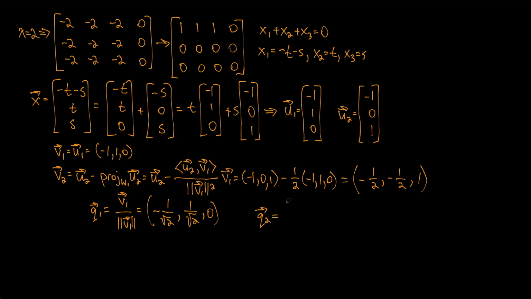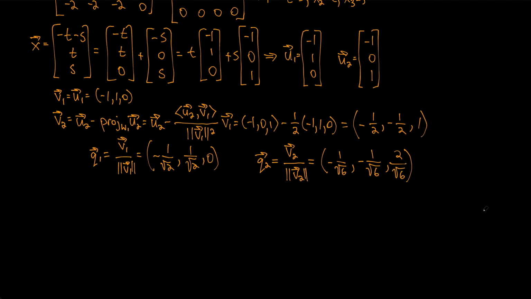Our vector q2 will be v2 divided by the length of v2. So that's minus 1 over root 6, minus 1 over root 6, 2 over root 6. And that takes care of my first eigenvalue.